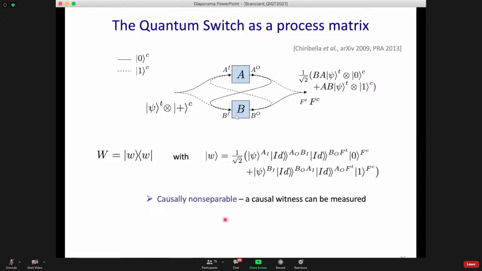Essentially, the message is that this is an example of a causally non-separable process. Hence, a causal witness can be constructed and can be measured. In some of the few experiments that I mentioned before, precisely a causal witness was measured. The next question is whether with this quantum switch you can violate causal inequalities. Well, unfortunately, that's one of those examples of a causally non-separable process that cannot violate causal inequalities.